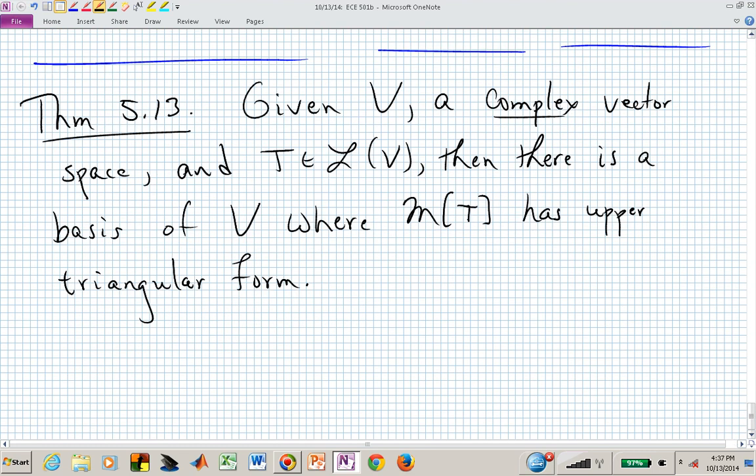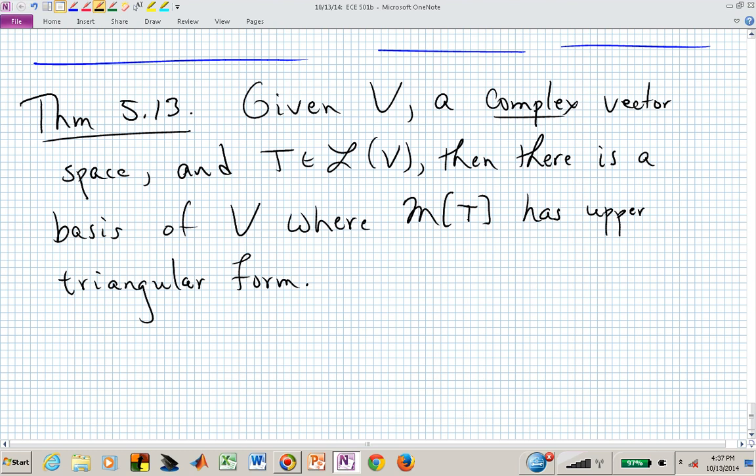So if we're now allowed to live on a complex vector space and somebody gives you a linear operator on that vector space, then you can find a basis that will actually produce a matrix representation of that linear map that's upper triangular.